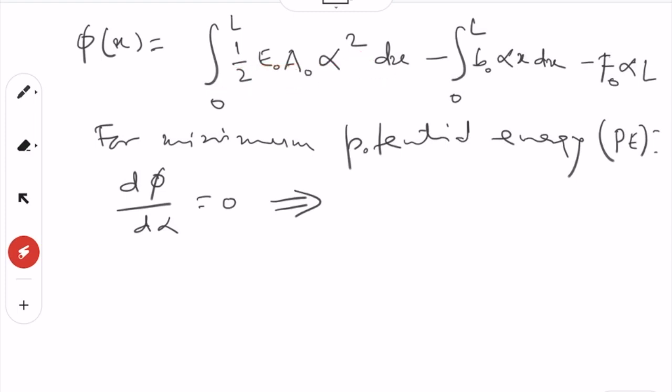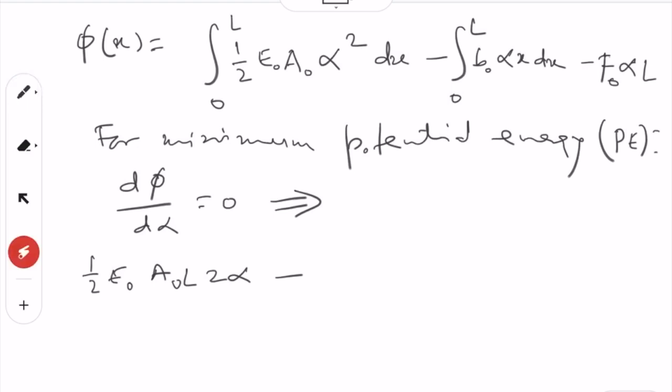So we can also integrate and also differentiate with respect to alpha as well. So we can write half E naught A naught, and L coming from the integration, and then we have alpha squared. Alpha is not a function of x, this is a constant. So we are going to differentiate this with respect to alpha. So we get 2 alpha, so multiplied by 2 alpha minus, okay.